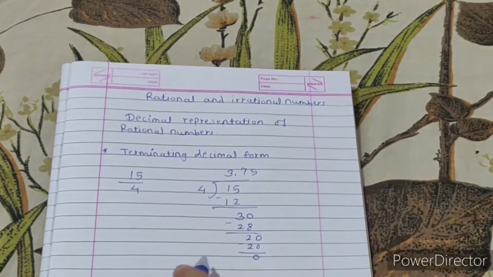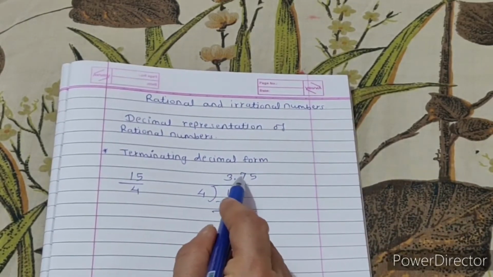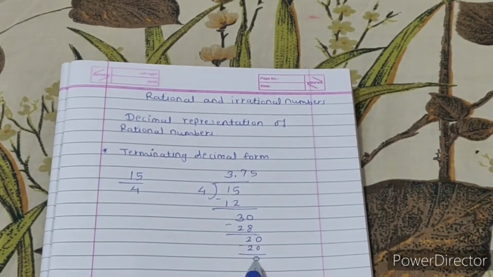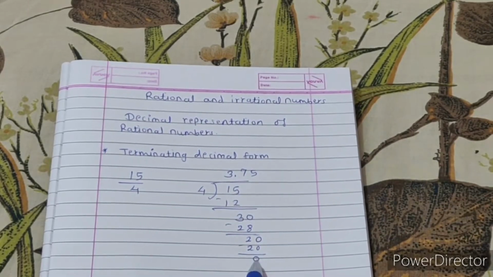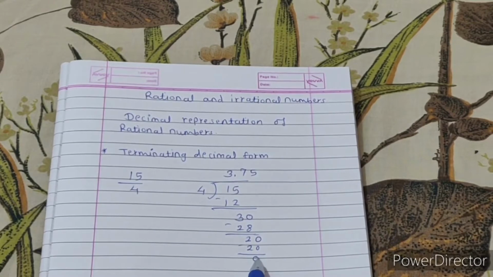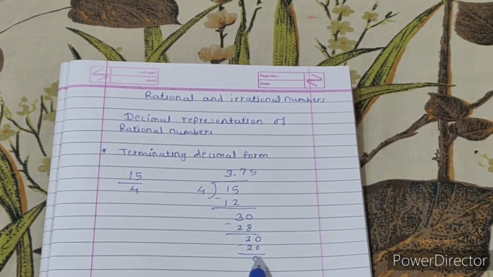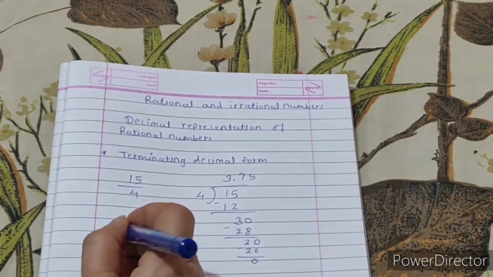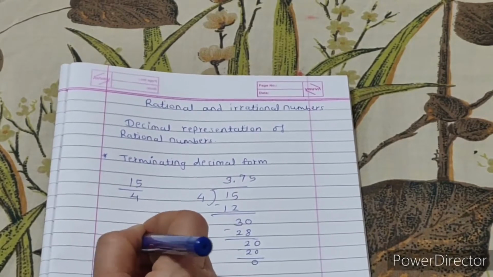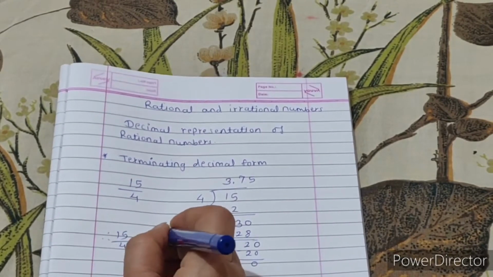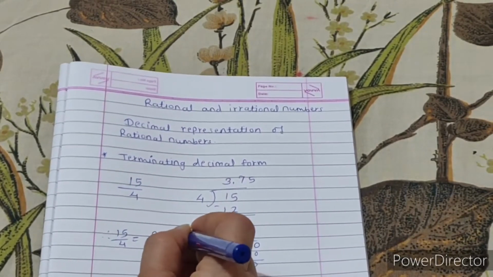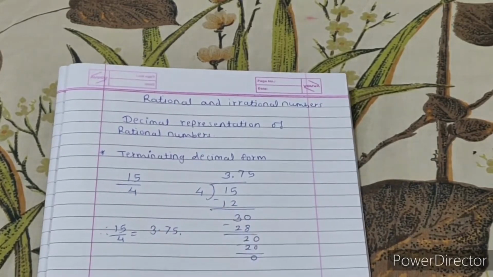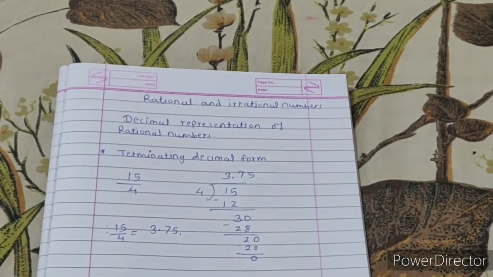So now you can find that after 3.75 the process of division terminates, means here we get remainder 0. So 15 by 4 is equal to 3.75.